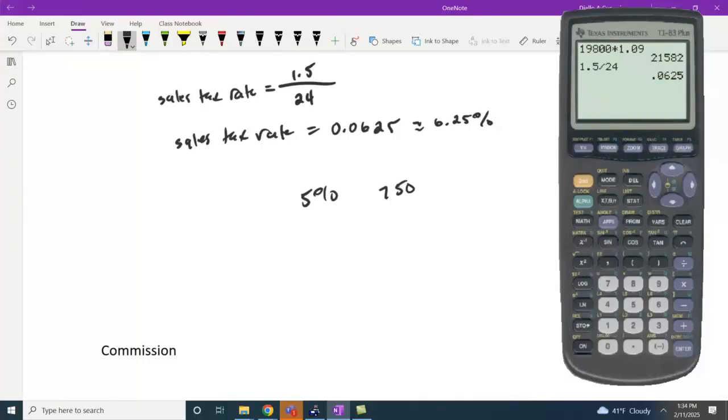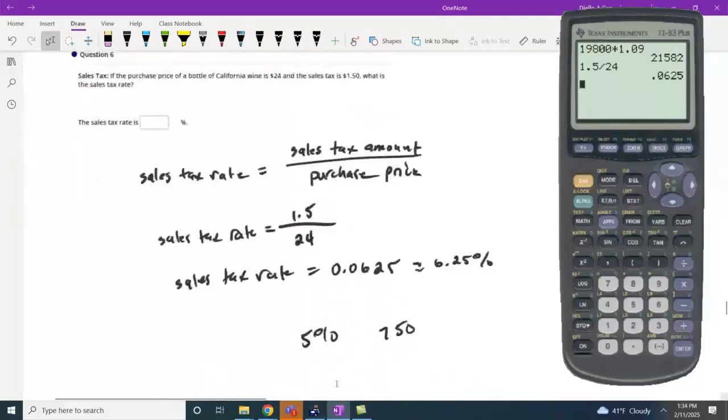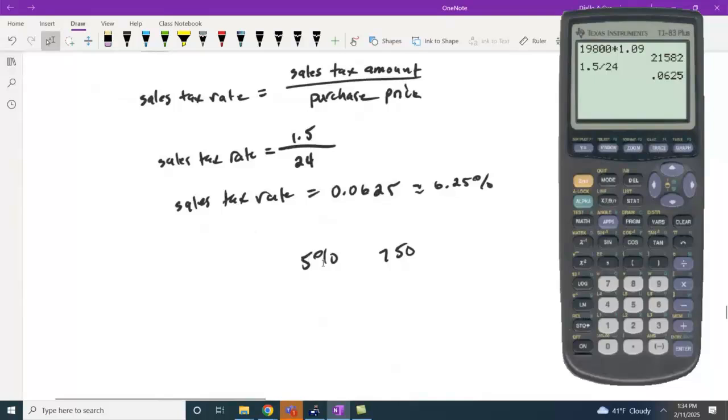You just multiply the 750 times 0.05. And that'll give it to you. Yeah, just be mindful whenever you're working with percentages, when you use those percentages in calculations, you have to convert them to a decimal.